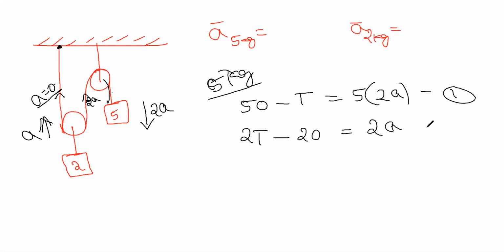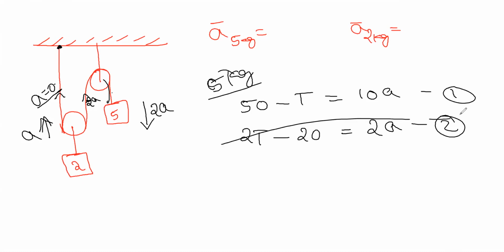Now we have to solve it. Here it is 10A. Here it is T, here it is 2T. First we will multiply the first equation with 2, then it becomes 100 minus 2T equals 20A.